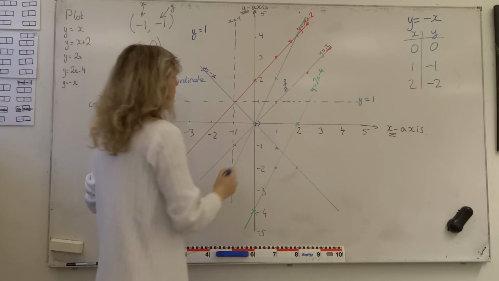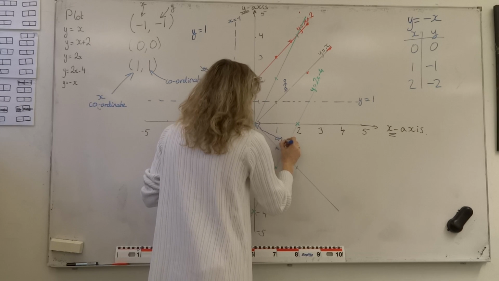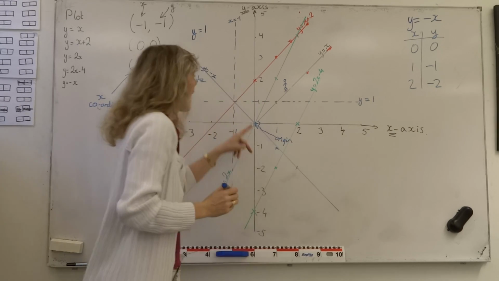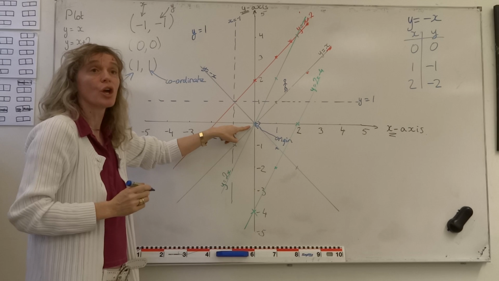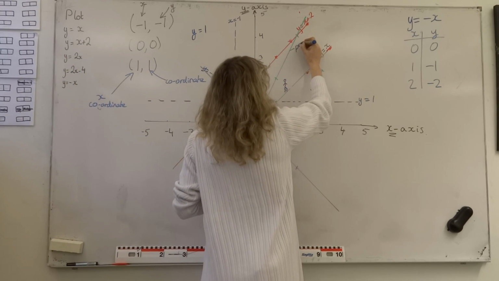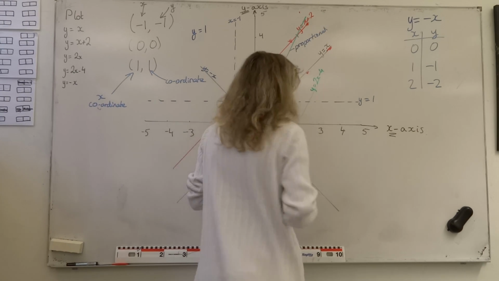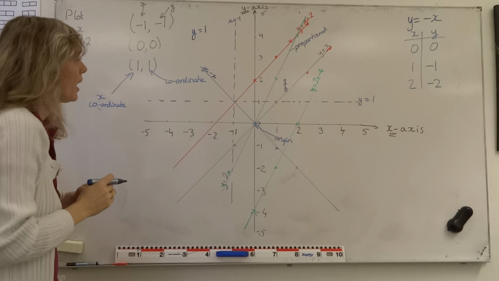We have to remember our important word for the 0, 0 point, the origin. We have to remember that any graph that goes through the origin and is a straight line is called a proportional graph.